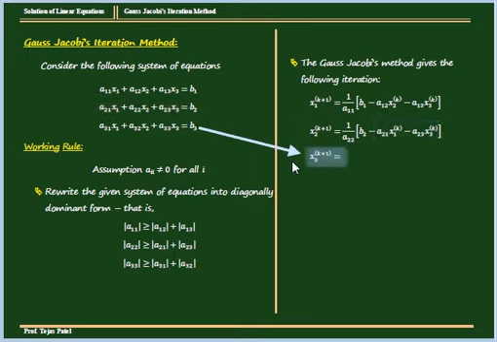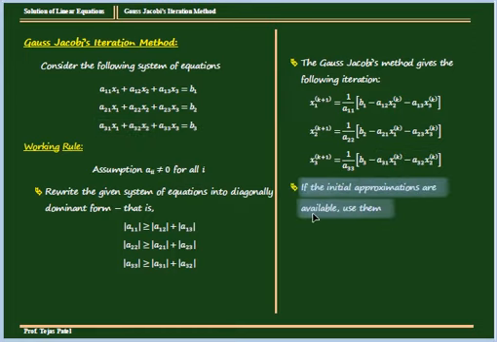Similarly in the third equation, x3 at k plus 1 is equal to 1 upon a33, since the coefficient of x3 is a33, and then in brackets b3 minus the remaining terms a31 x1 and a32 x2, so it will be minus a31 x1 at k minus a32 x2 at k. These are the iterations for the Gauss-Jacobi iteration method.